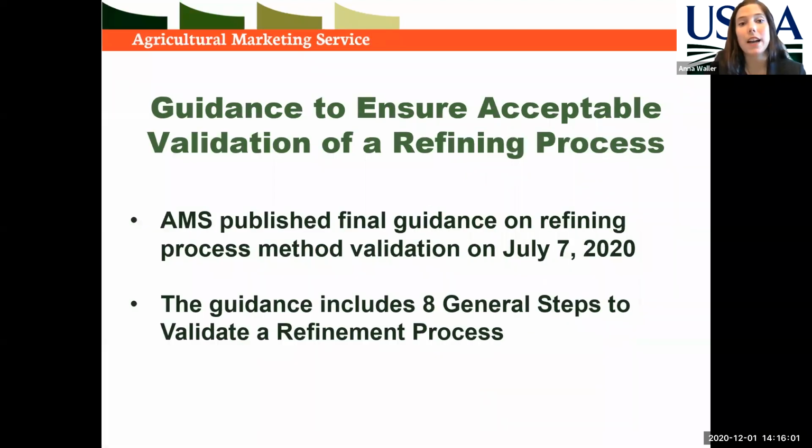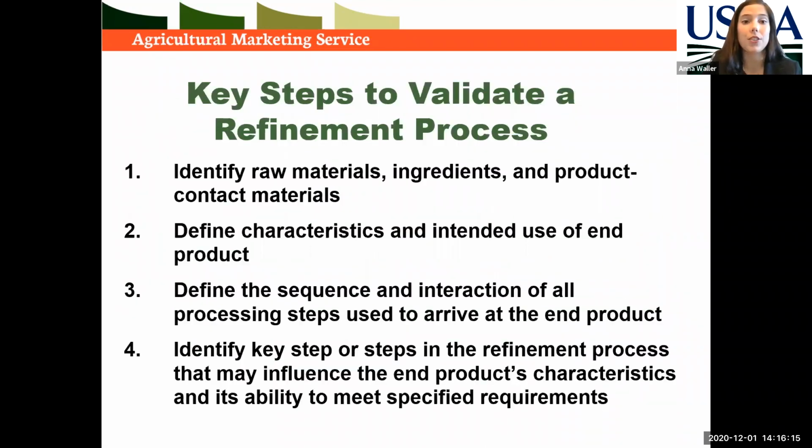AMS published the final guidance to ensure acceptable validation of a refining process on July 7th, 2020. The guidance includes 8 general steps to validate a refinement process. The 8 general steps are: 1. Identify raw materials, ingredients, and product contact materials. 2.